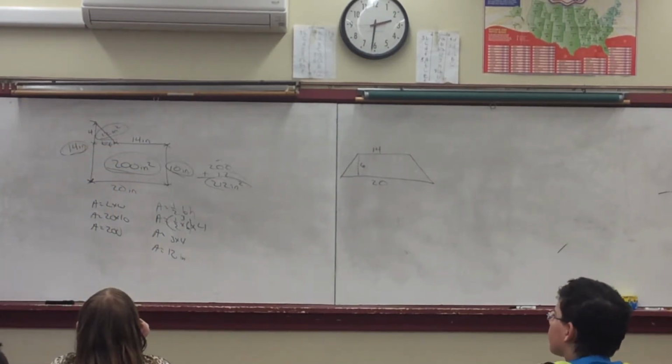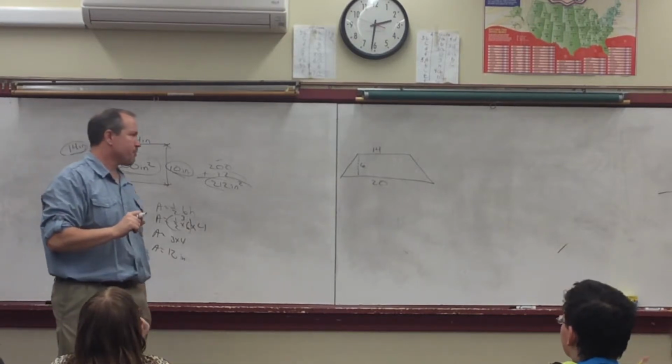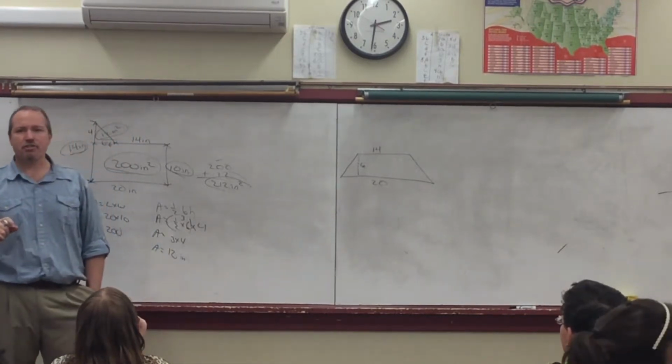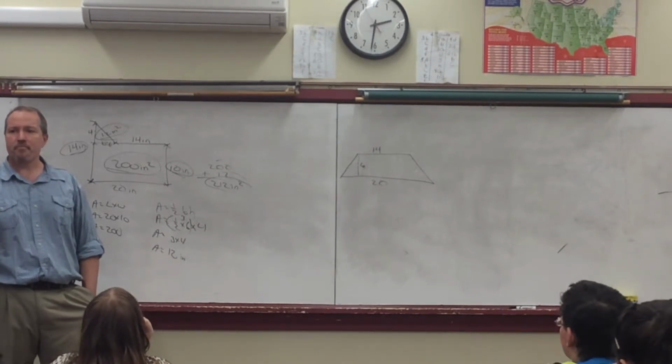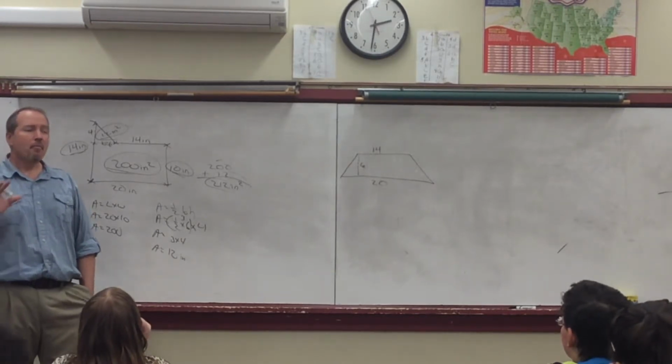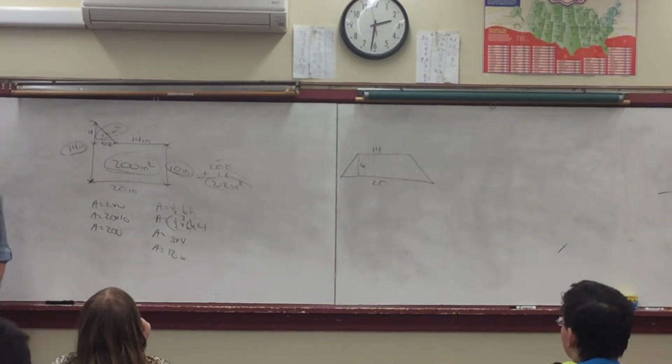Now, I will tell you up front, there is a formula for finding area of a trapezoid. There is a formula. But I'm not going to talk about the formula for area of a trapezoid, because it's just one more formula that you're going to have in your head that you're going to forget.